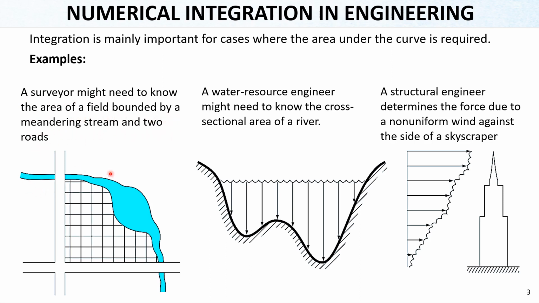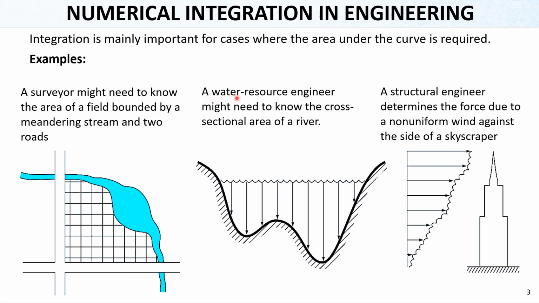You can see here the stream and two roads, and we want to get the area of the field in between, and this area is basically found using integration. If we know the stream data points, we can numerically take the integration underneath these data points, which is bounded by the roads, so that we can get the area.